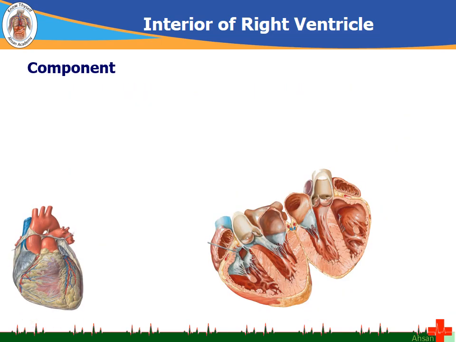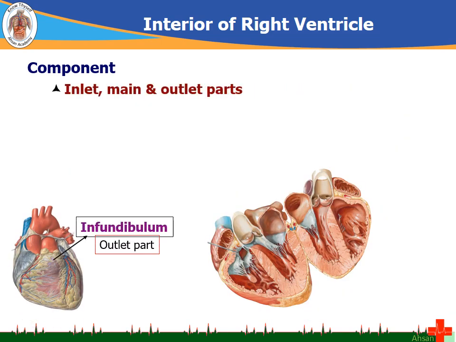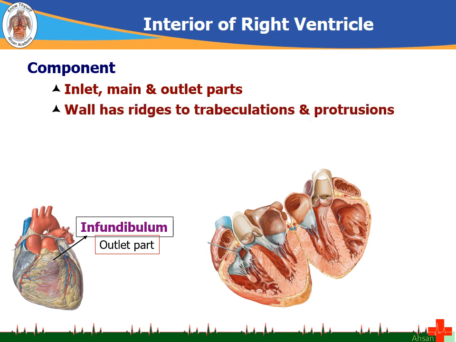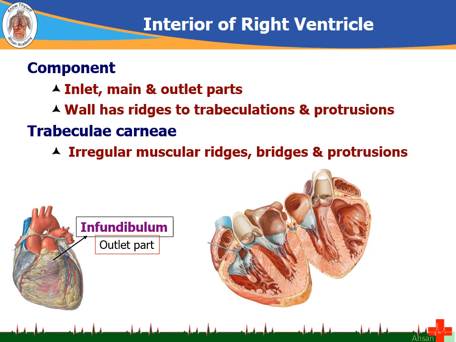So far we have got the idea that the cavity has three component parts. The inflow part is close to the tricuspid valve. The main cavity is the rough walled cavity, and the outflow part is close to the pulmonary trunk. The wall inside has some special features known as trabeculae carneae.